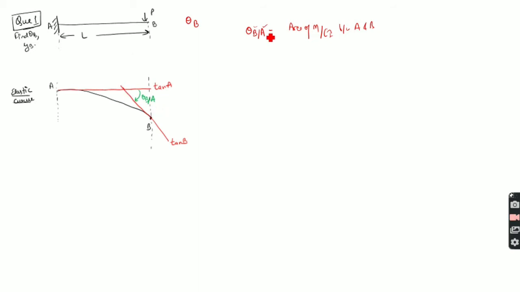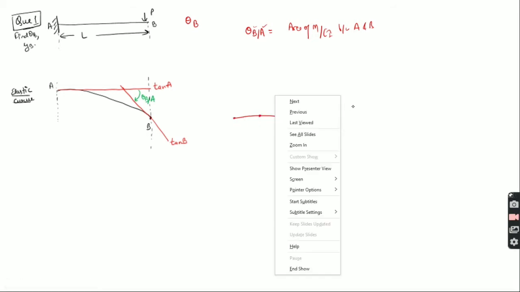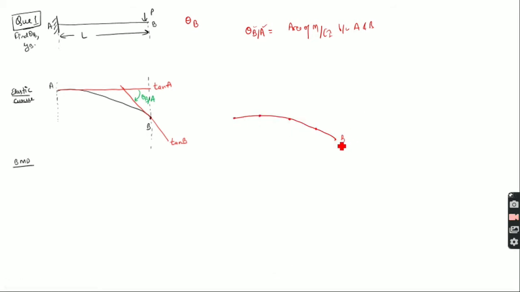So which second tangent should we take? I will give you an example. This is an elastic curve and there are many points on this curve. We are concerned with this point, point B, because we want to find the slope here. So the first tangent, of course, we will draw at B. This is very clear, right?